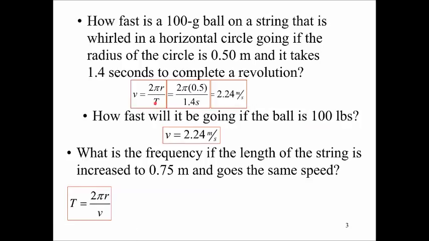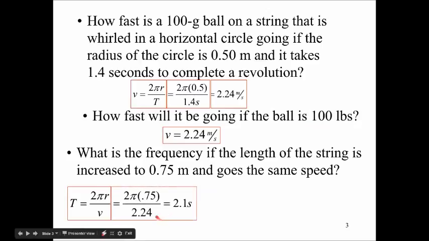We multiply both sides by T, and then divide by v, and so we get T equals 2 pi r over v. We plug in the radius of 0.75 and the velocity of 2.24 that we just calculated, and that comes out to 2.1 seconds.